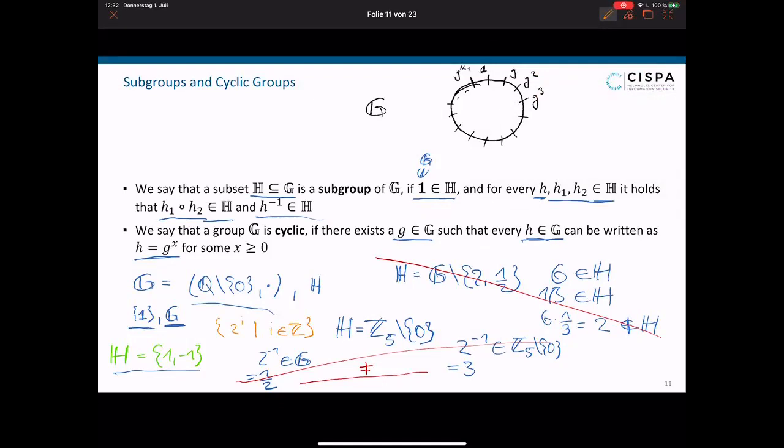Let's call this H prime, but that's an infinite subgroup. If you multiply powers of 2, positive or negative, it will always stay a power of 2. And of course this works for any other prime, for any combinations of such groups.